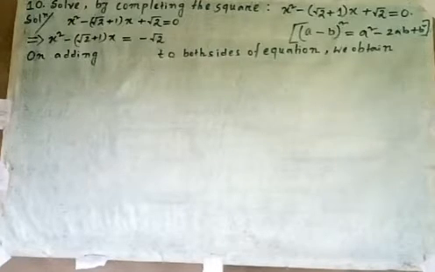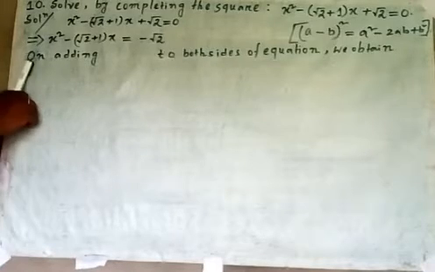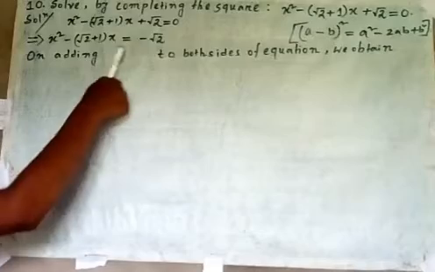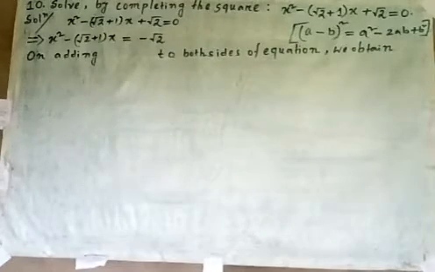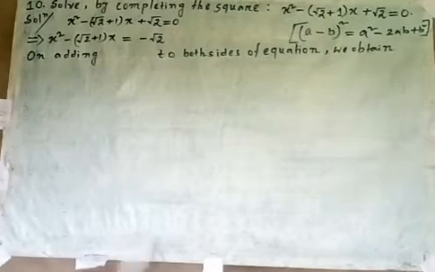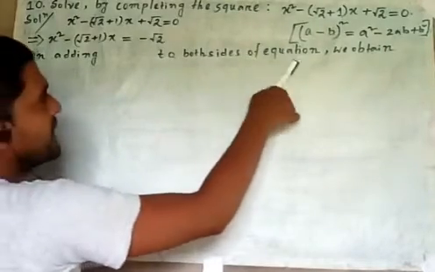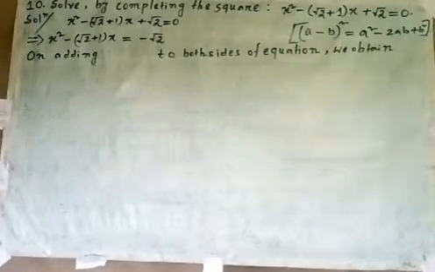Now we have to apply the formula. For applying it, there is a gap where we have to add something. What we have to add, we will know later. To both sides of the equation we obtain this.